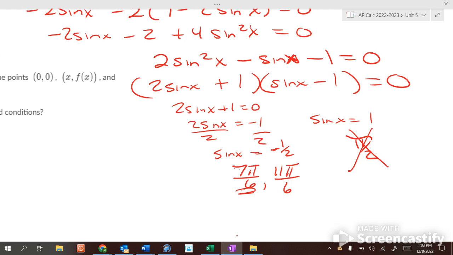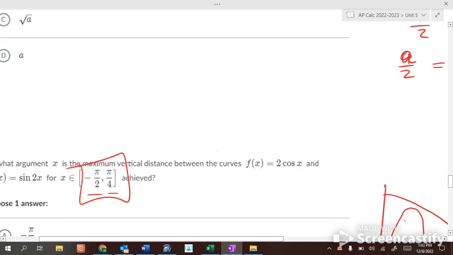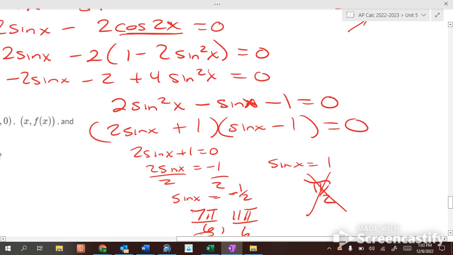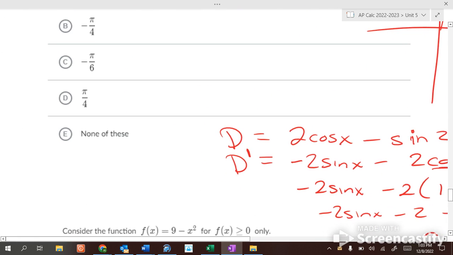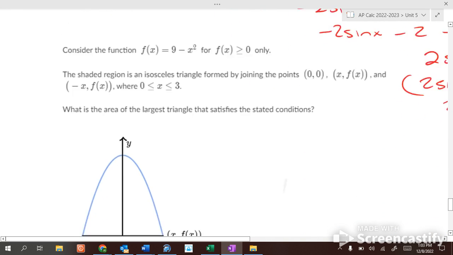What's the coterminal angle with this? Well, it's negative 5 pi over 6, which, is that in there? Yeah, that would be in there. And then this is negative pi over 6. So looking at these answers, negative pi over 6 is an answer. So that's a little trig throwback that you might see.